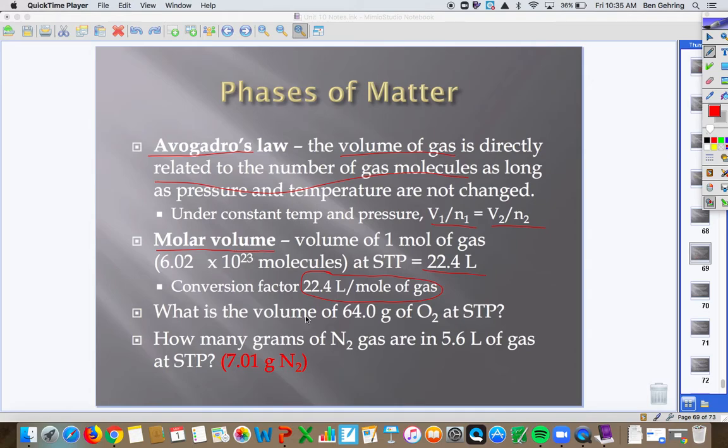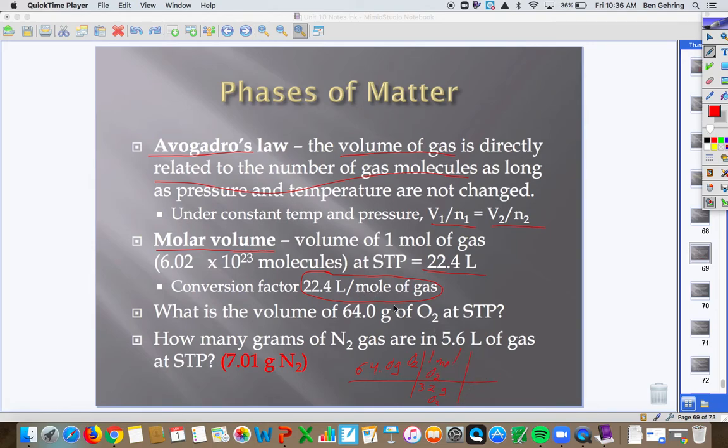So what is the volume of 64.0 grams of oxygen gas at STP? I know I have 64.0 grams of O2. I know that my molar mass of oxygen gas is 32 grams of O2 for 1 mole of O2.